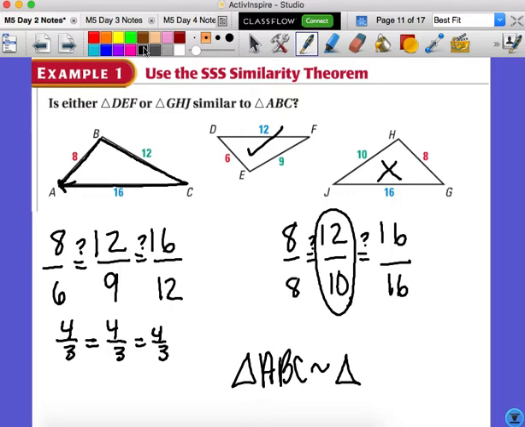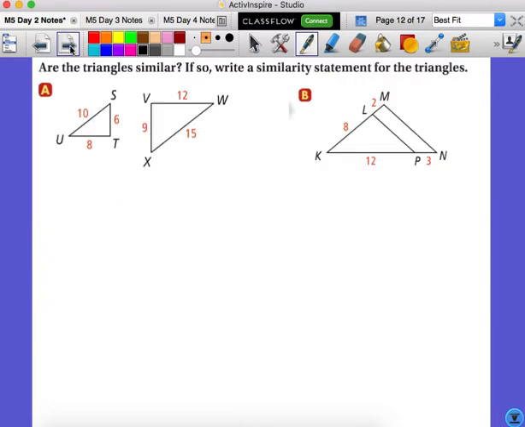That's that triangle ABC. When I name the other one, I want to do the same thing. I want to go across the small side first, then across the medium side, then back to complete that. So D, E, F is the order of my letters. Now those won't always be alphabetical, so be careful with that when you're writing your similarity statements.